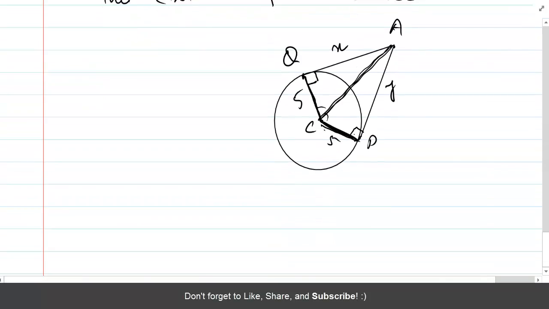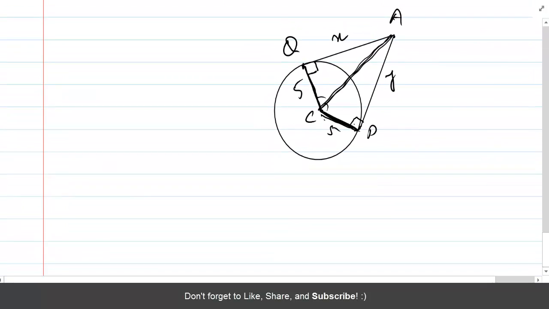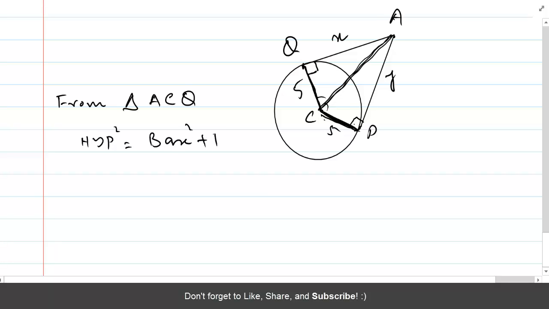Now if we take a look at triangle ACQ, we know that hypotenuse square is equal to base square plus perpendicular square.